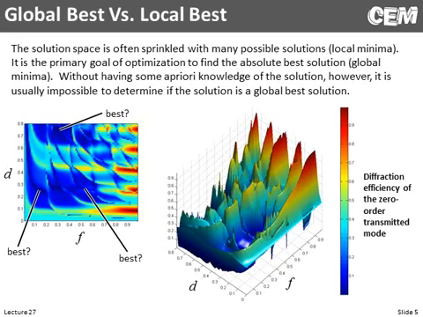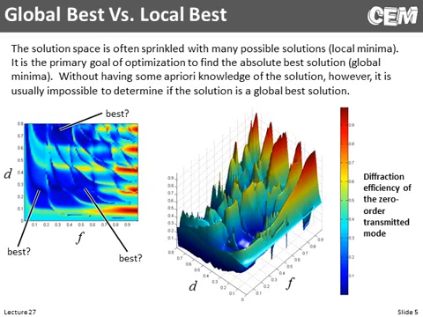I'll also mention that if you are using some kind of random optimization, that's probably because you don't know very much about your solution space. And when you run your optimization and you get an answer that works good enough, it is almost always impossible to say that it is the global best.